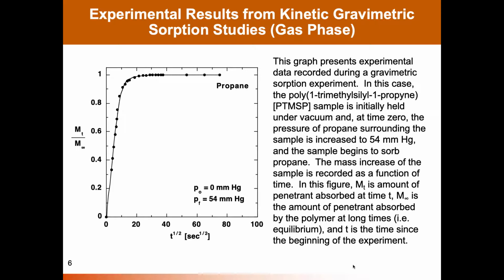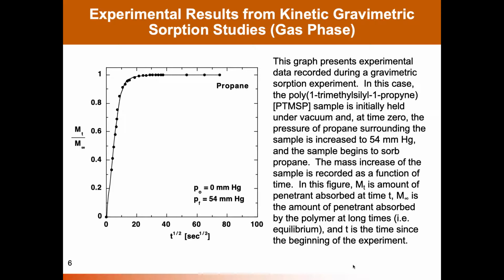The mass will increase initially as the sample is absorbing propane. Eventually though, there is an equilibrium partitioning of propane between that sample and the surrounding environment that's held at this pressure, and so the mass levels off and ceases to change with time. And so the fractional mass uptake goes from 0 up to 1 over some time scale.